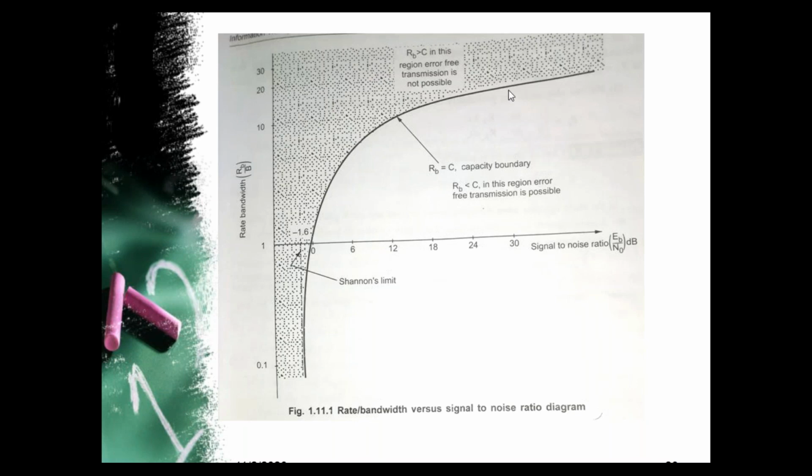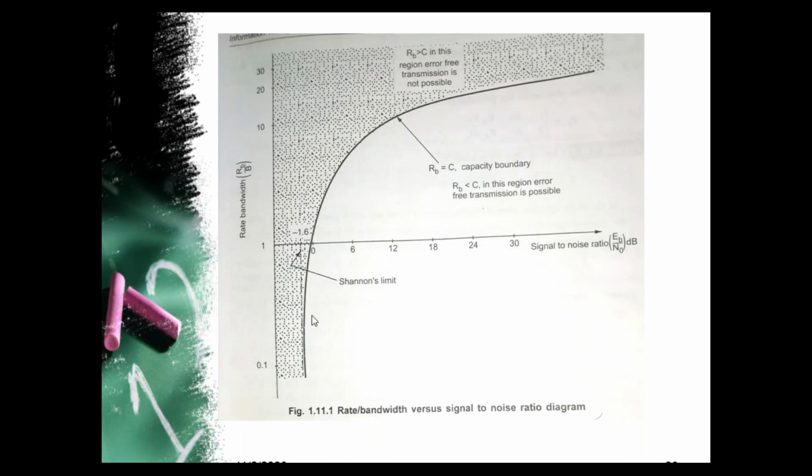And for RB less than C, in this plot, that is RB by B versus signal to noise ratio, that is EB by N0 in dB actually we are plotting.